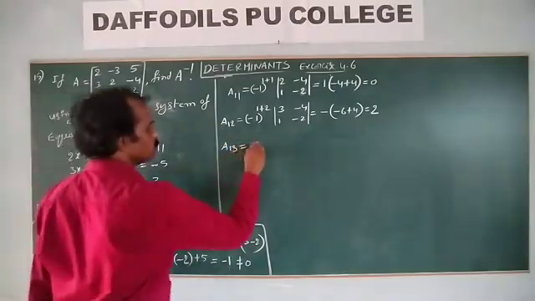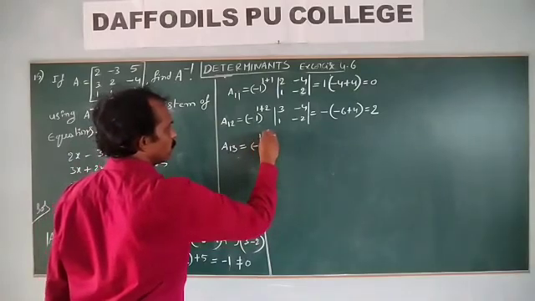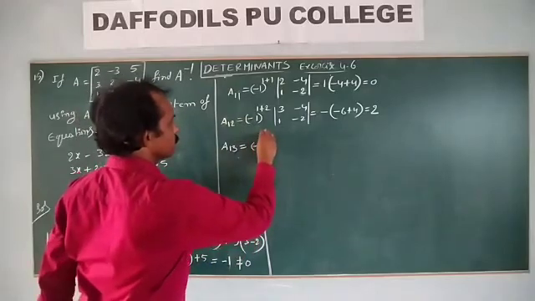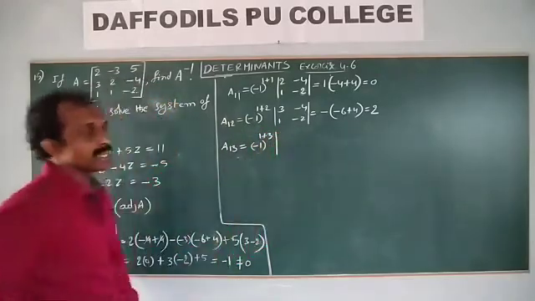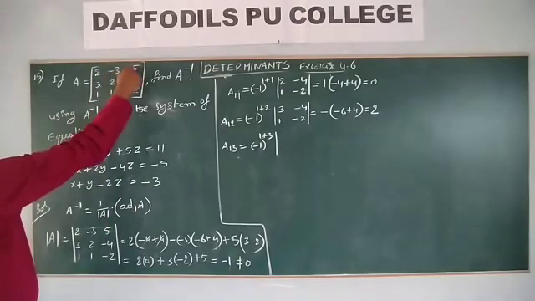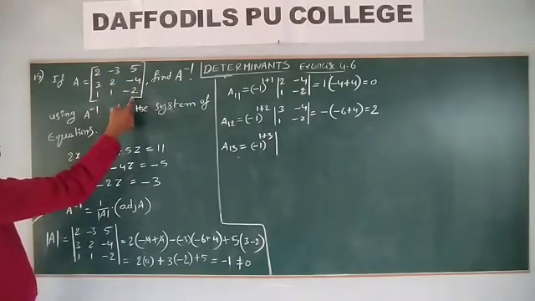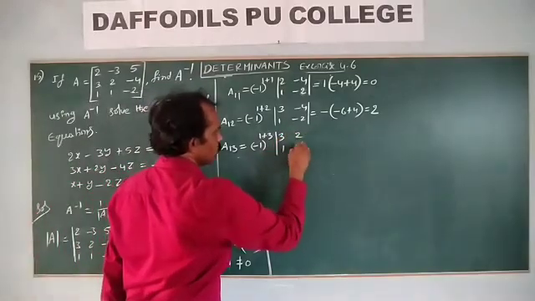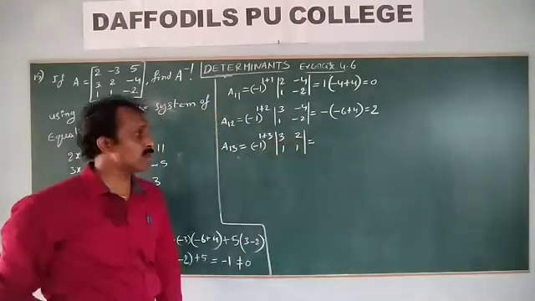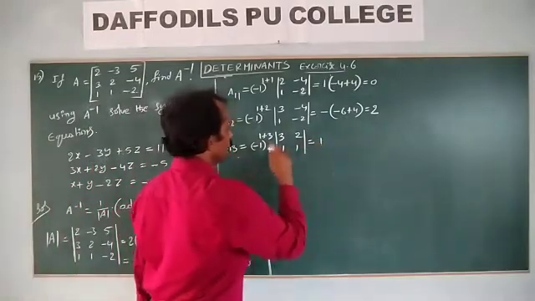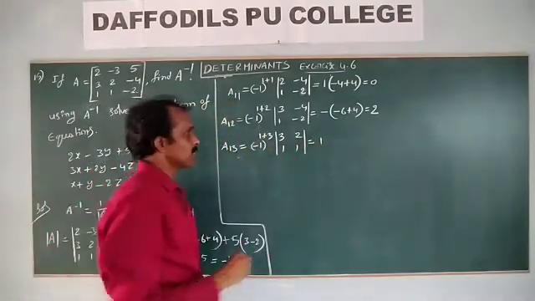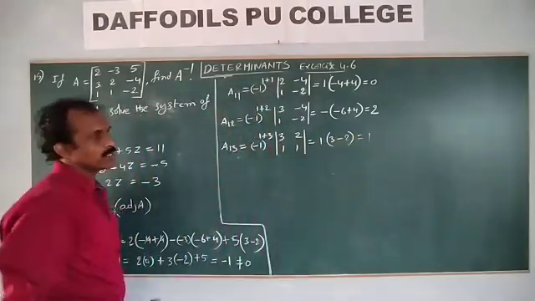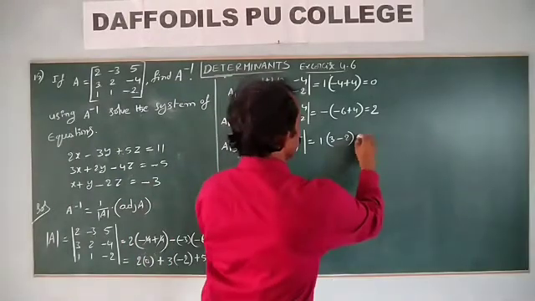A13 is minus 1 to the power of 1 plus 3 times its minor. Deleting the corresponding row and column, remaining 3 2, 1 1. 1 plus 3 is an even number, so plus 3 minus 2, answer is 1.